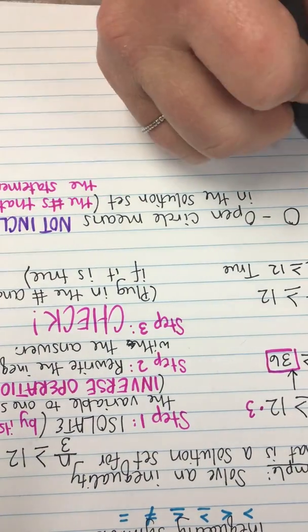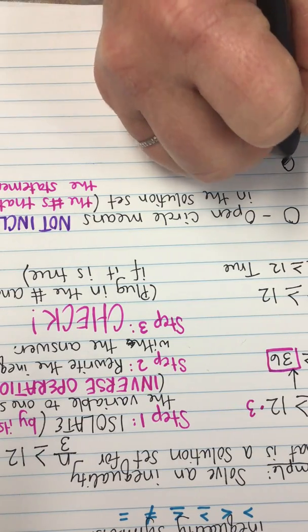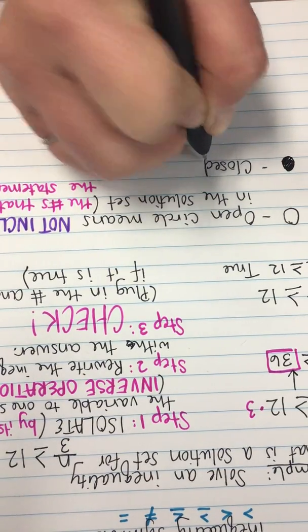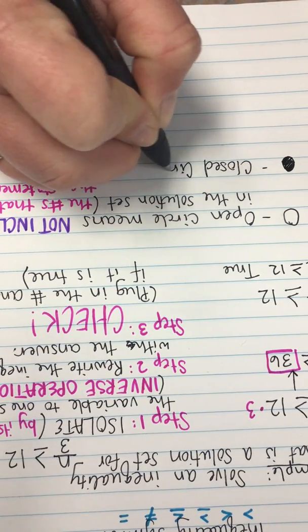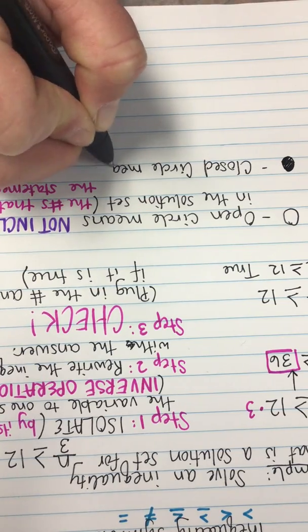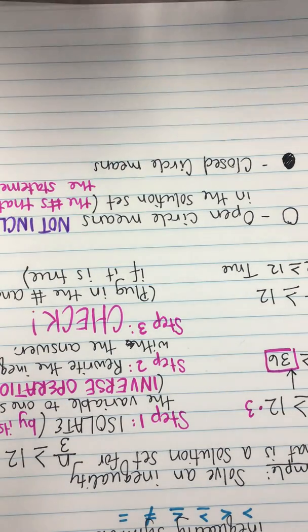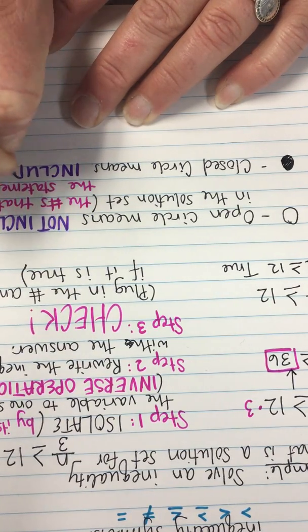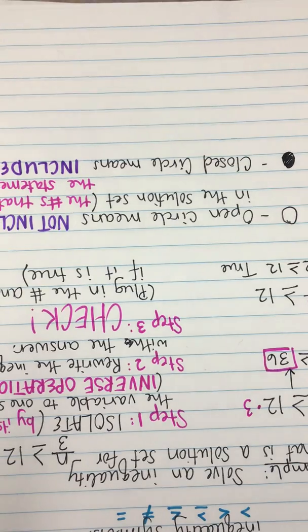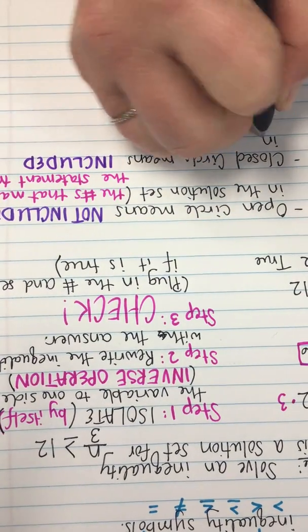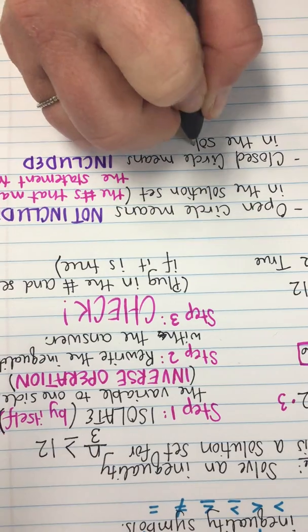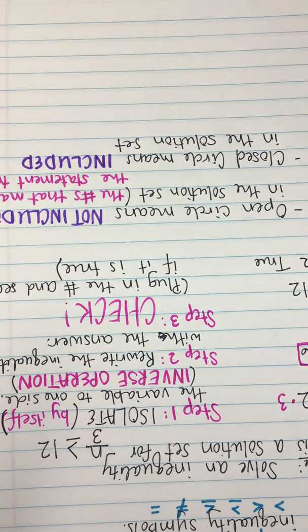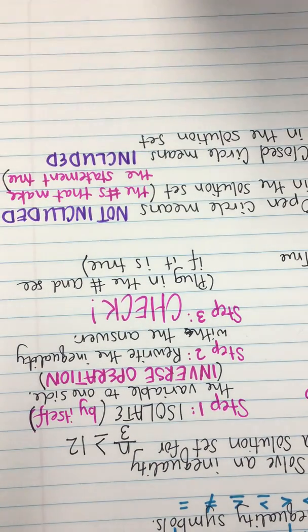A closed circle, which is a circle that's filled in, means included in the solution set. I'll give you a minute to get that copied down.